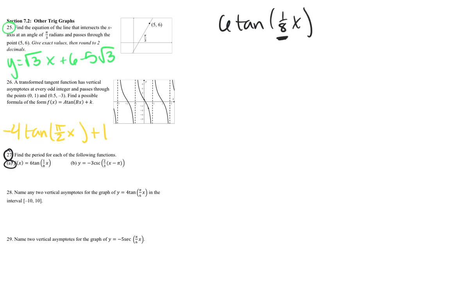Remember, our equation for period is period equals pi over b for our tangent functions. So plugging in 1/8, we get p equals pi over 1/8, which simplifies down to 8 pi.